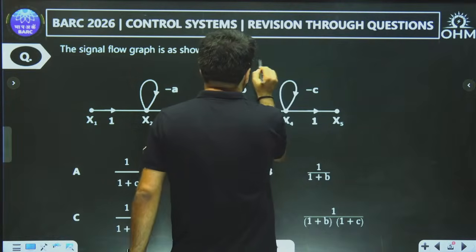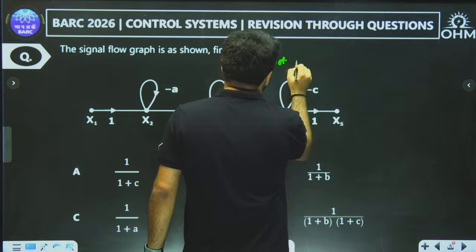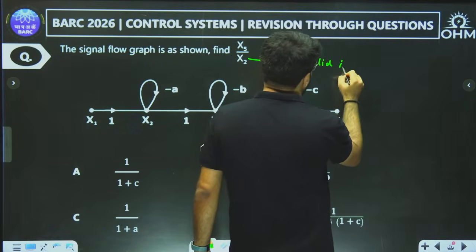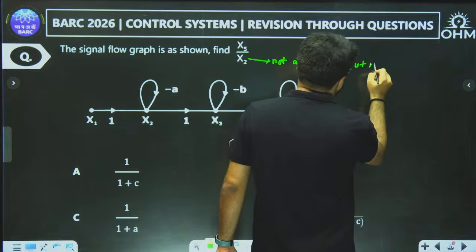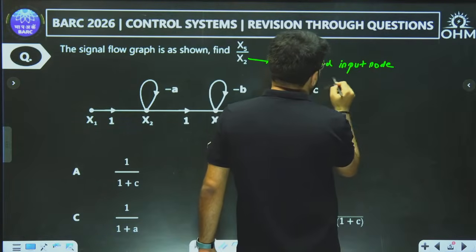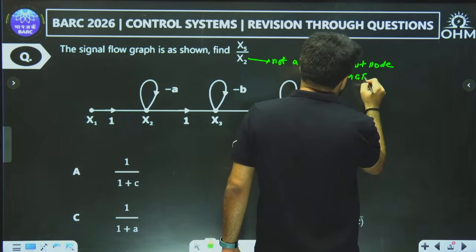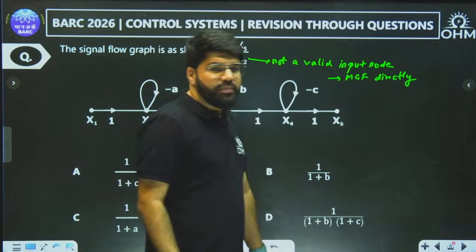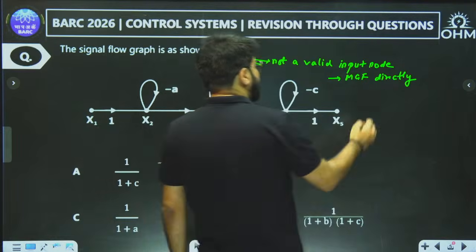So the problem here is that x2 is not a proper input node, or as I also call it, not a valid input node. Whenever you don't have a valid input node, Mason's gain formula directly cannot be applied. I hope you are aware of this limitation of Mason's gain formula.